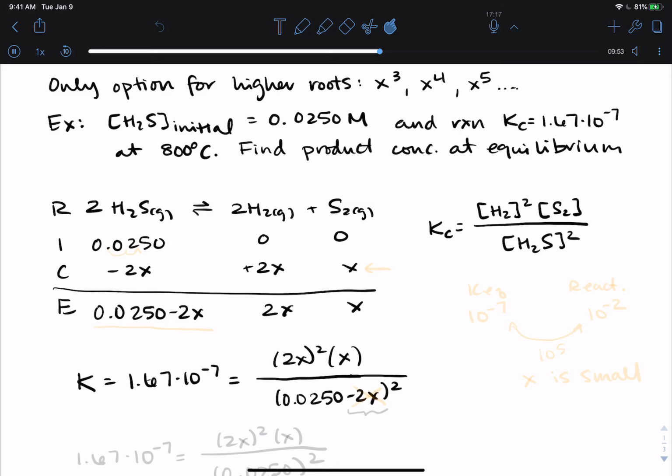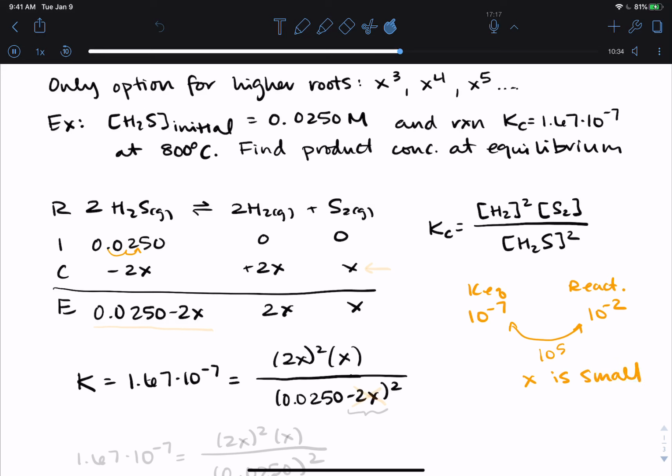If I compare it to my starting concentration, 2.5 times 10 to the minus 2, these are apart by 10 to the 5th, so that's more than 10 to the 3rd. So I can assume in this case, at least to start, and we're going to test it at the end, that x is small.